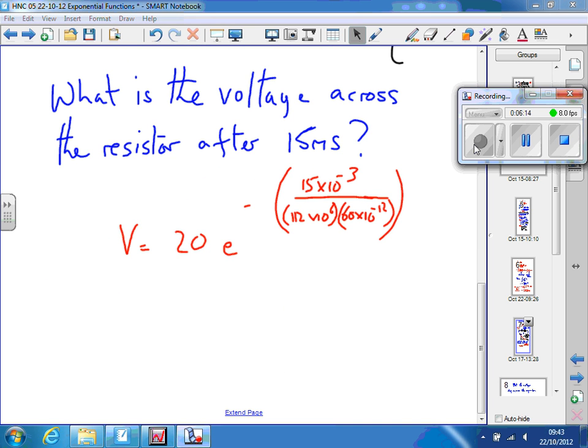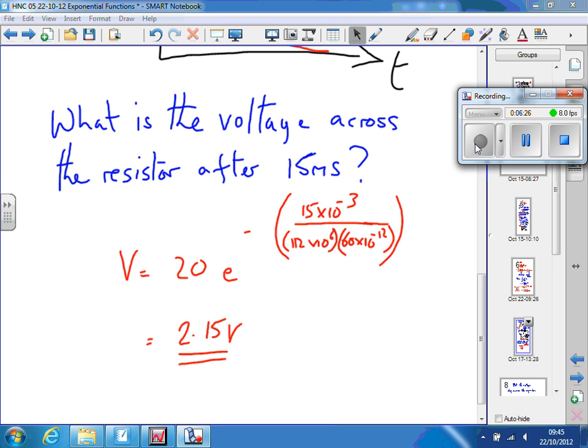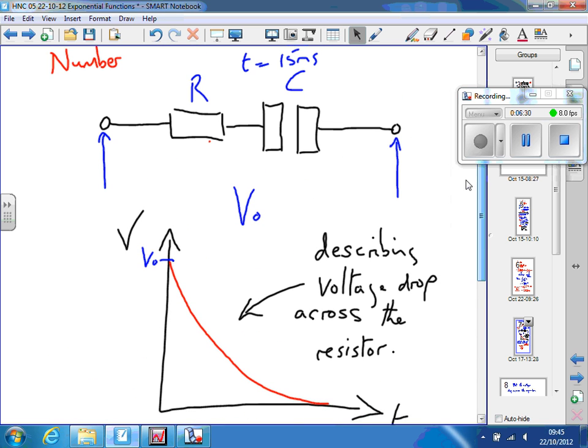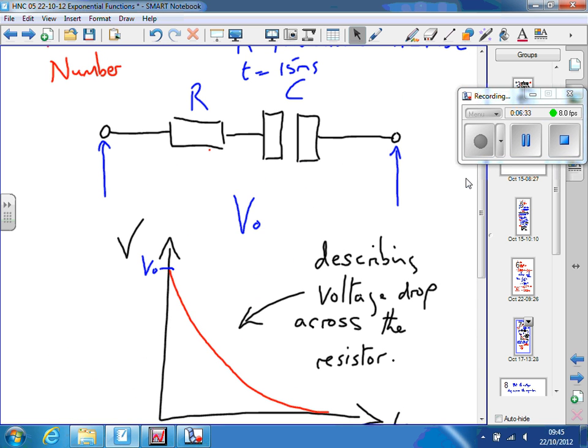So in my calculator, 20 times e to the power minus 15 times 10 to the minus 3, that's 15 milliseconds, over 112 times 10 to the 6 times 60 times 10 to the minus 12, and after 15 milliseconds, we've got 2.15 volts across the resistor. So if I were to put a voltmeter across here, I'd have 2.15 volts.